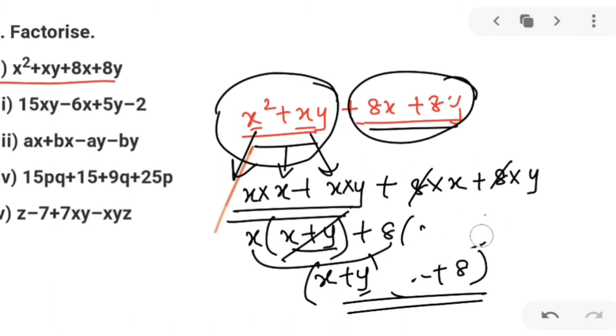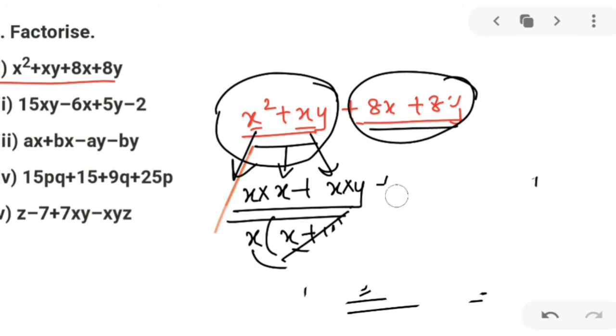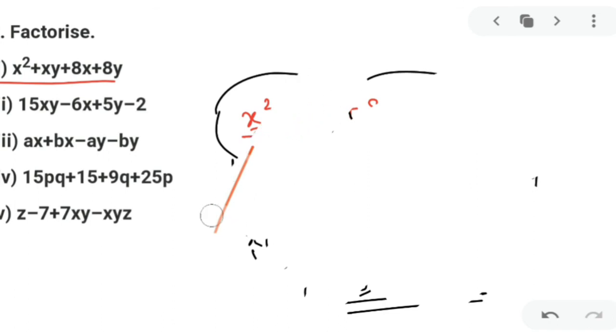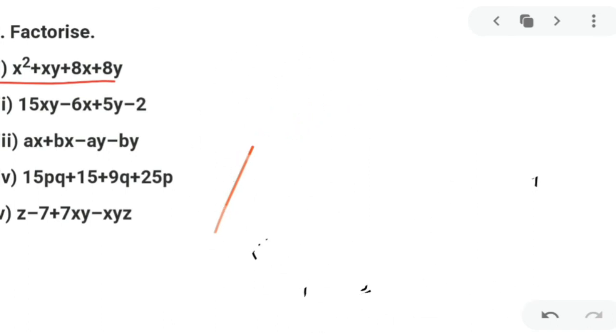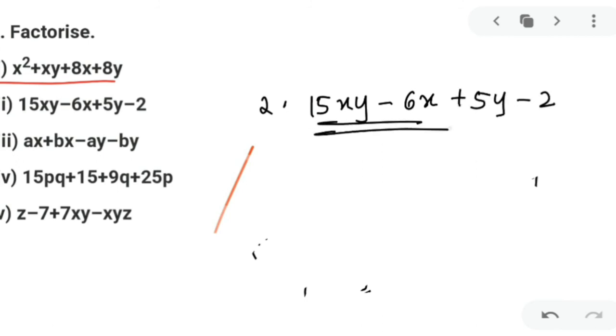Is that clear? Let's jump on to the second one. Question number 2 has 15xy minus 6x plus 5y minus 2. Group them together. What you can take in common?